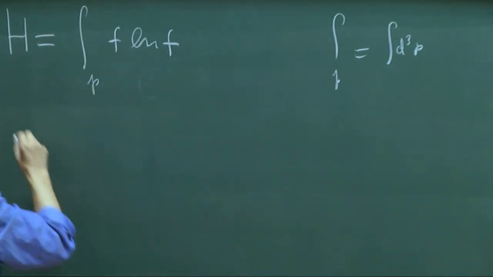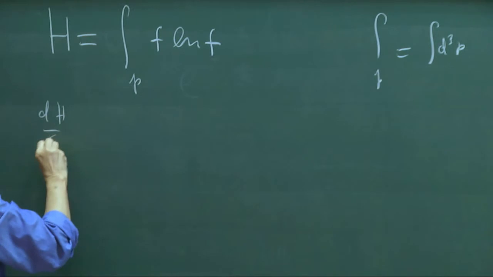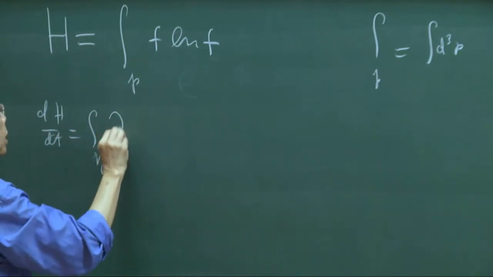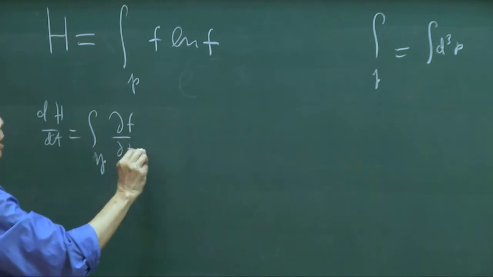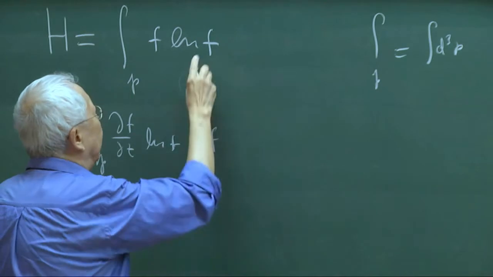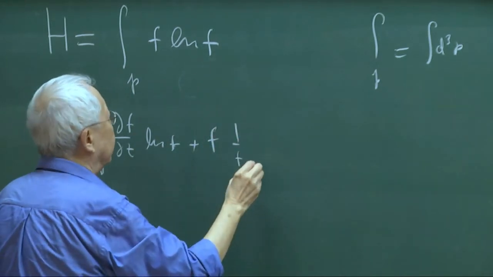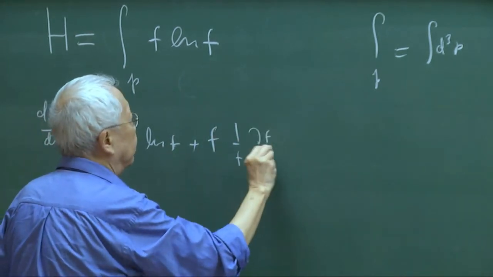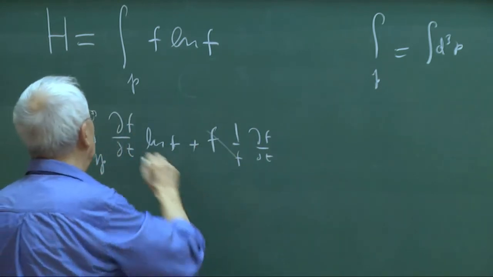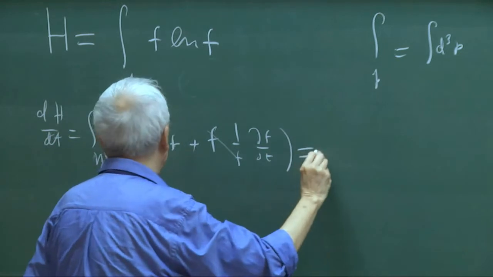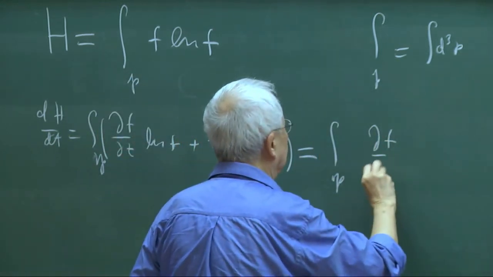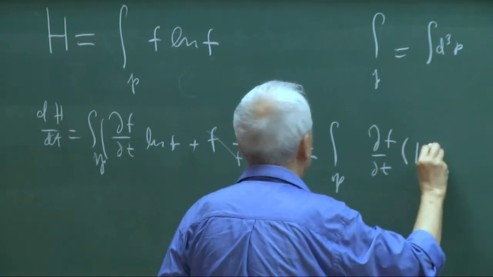And therefore, dH/dt is equal to integral over p of df/dt times log f plus, the second time you take f, 1 over f times df/dt. So these terms cancel. So this gives you an integral over p of df/dt times 1 plus log f.